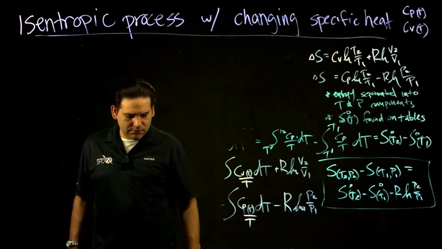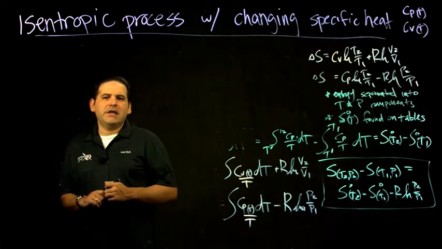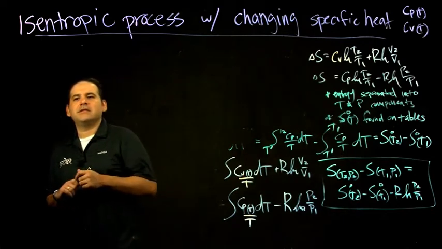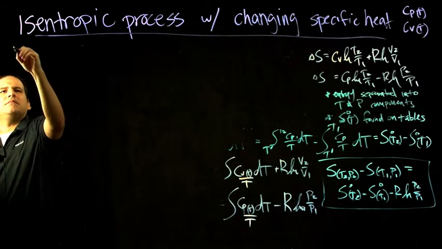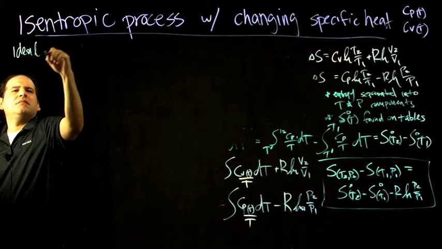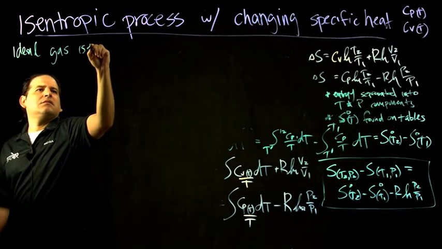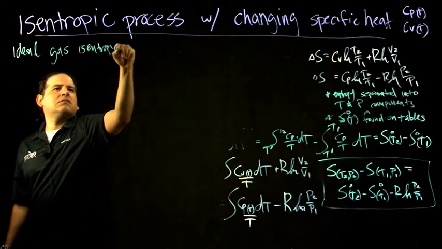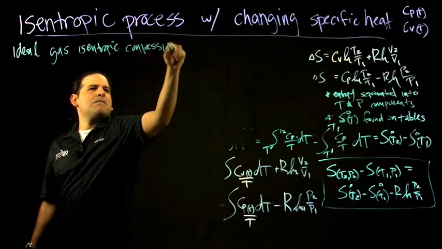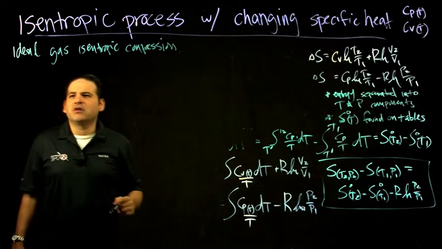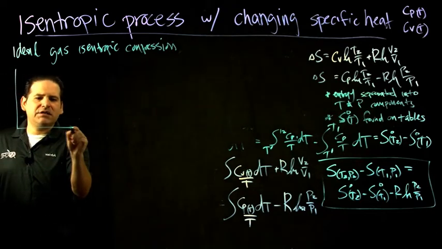Okay, so let's say we're doing an ideal gas compression. So for an ideal gas isentropic compression, we can draw this on a TS diagram.